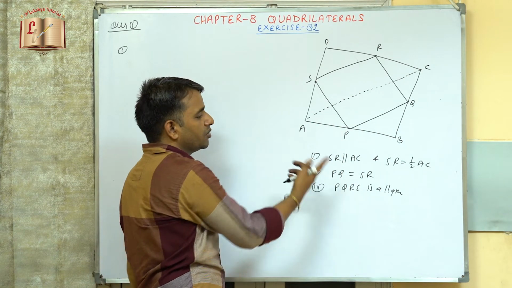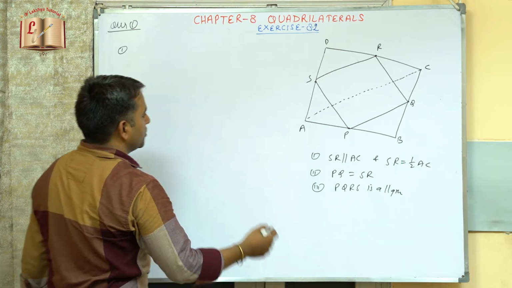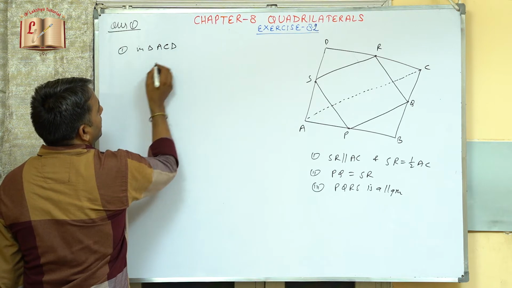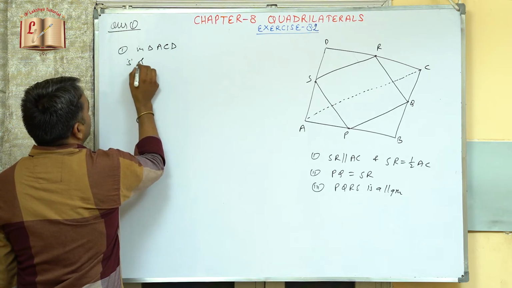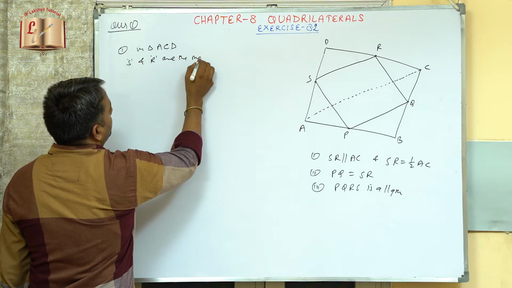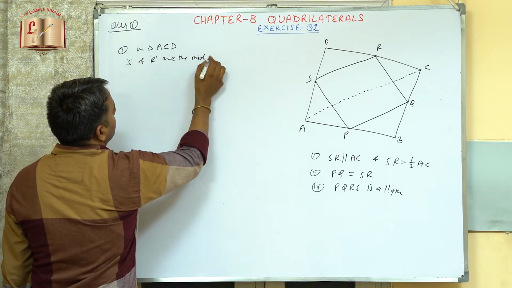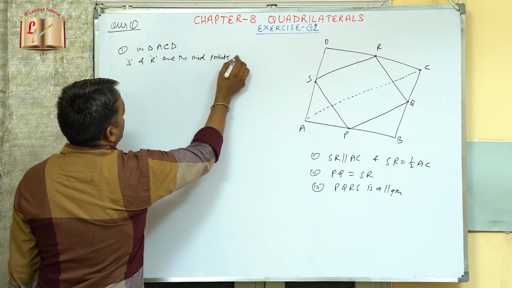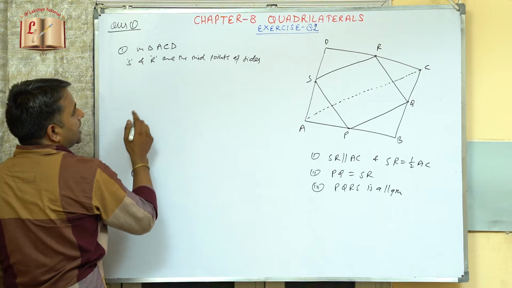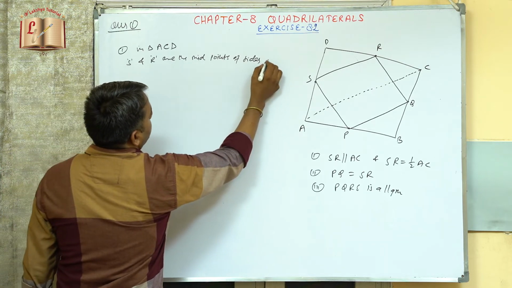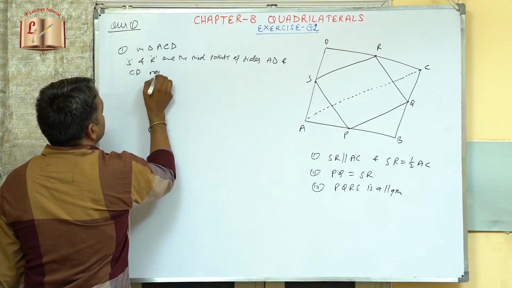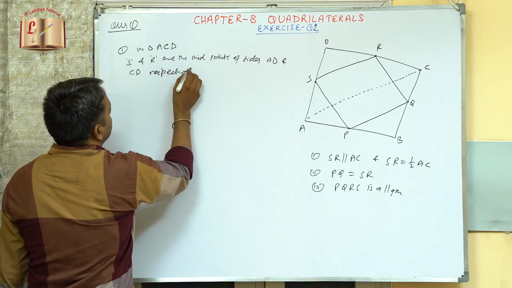So the first one is proved from the midpoint theorem straightaway. What will we write? In triangle ACD, S and R are the midpoints of sides AD and CD respectively.